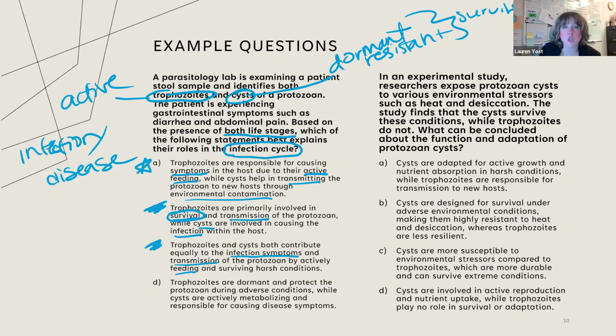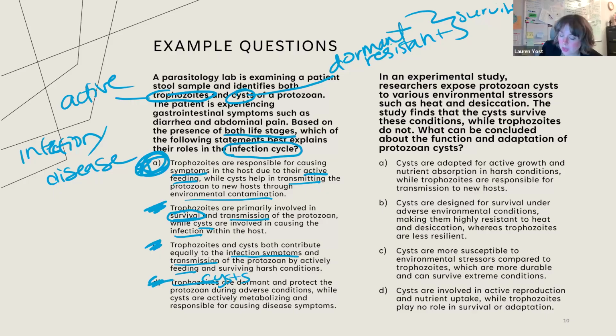Yes. But do they equally contribute to the infection and the toxins and all that? No. The trophozoite does the infection, but the transmission, how the organism got in your body, was because somehow the cyst got in, became the trophozoite, which then started multiplying. Okay. D: Trophozoites are dormant. No, the cysts are, so this is wrong. D isn't our choice. A is still our best choice here.